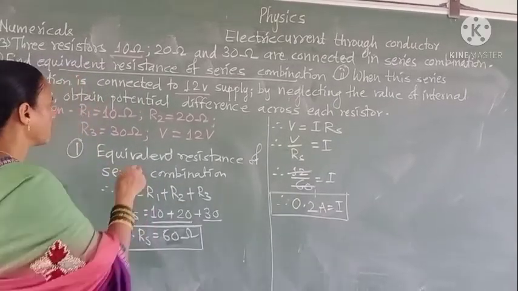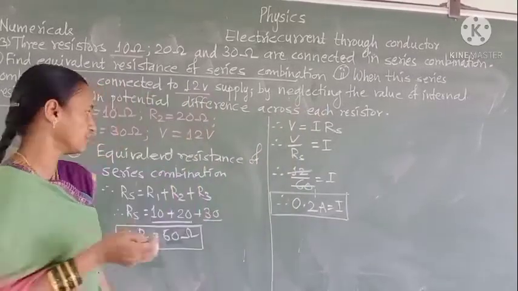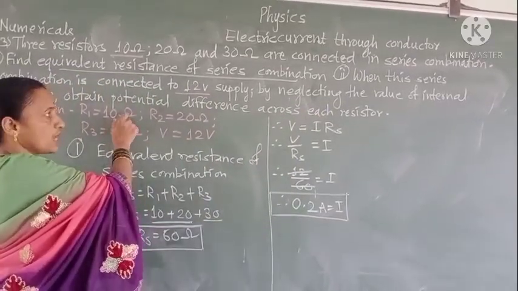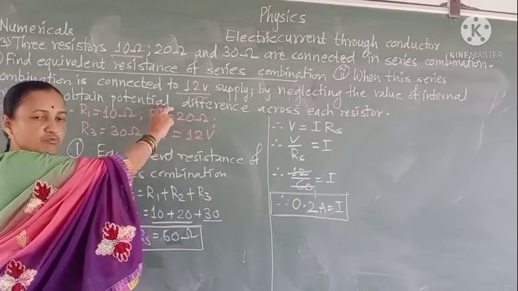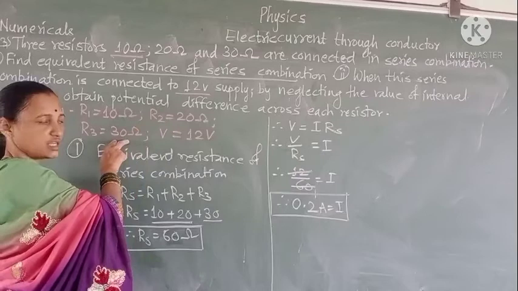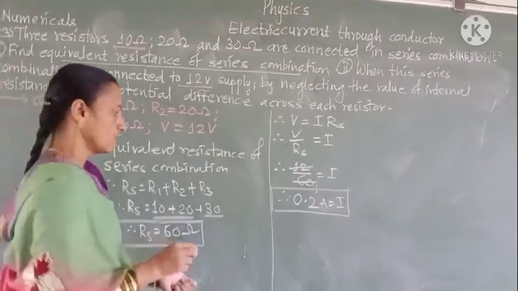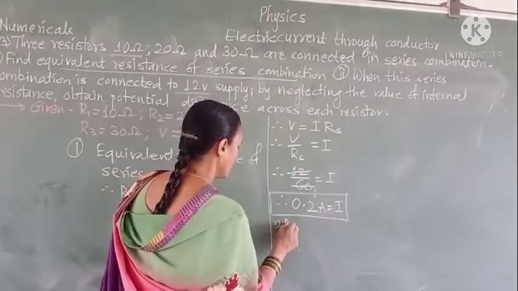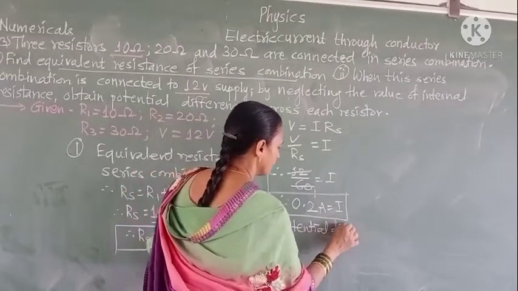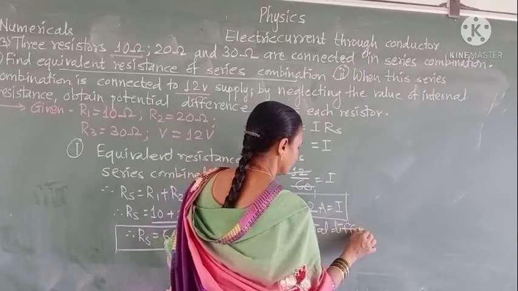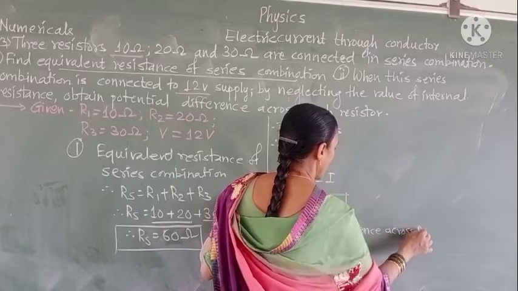Then we have to calculate the potential difference across each resistor. For the 10 ohm, for the 20 ohm, and for the 30 ohm resistance, we have to calculate the potential difference. First we take the potential difference across R1.